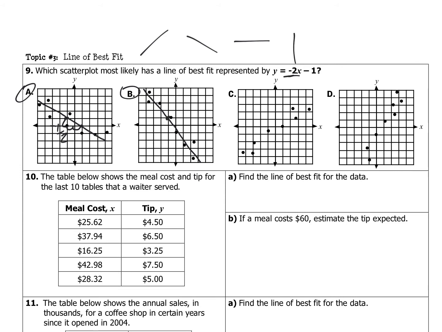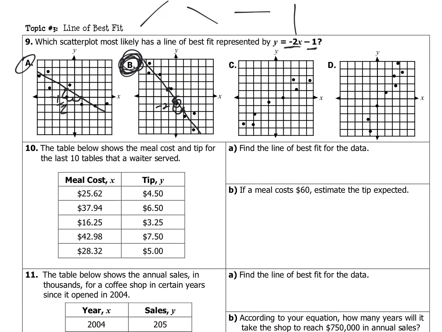This one, yeah, this is pretty close. Down 2, right 1, which is -2. Also, based on the y-intercept, this one's closest to going through at -1 on the y-intercept. I think that B is the correct answer. Okay. All right, moving on.